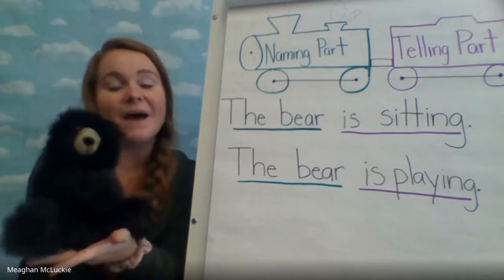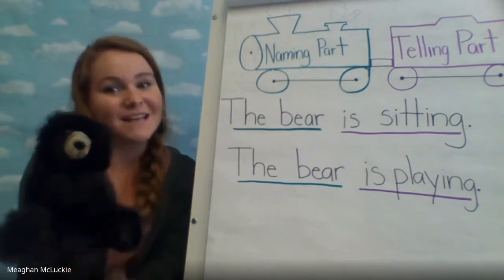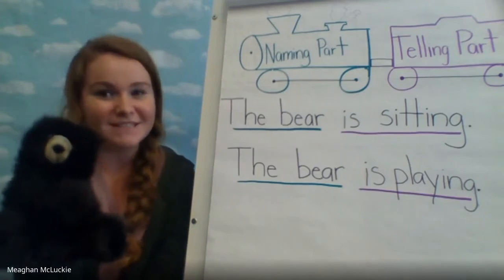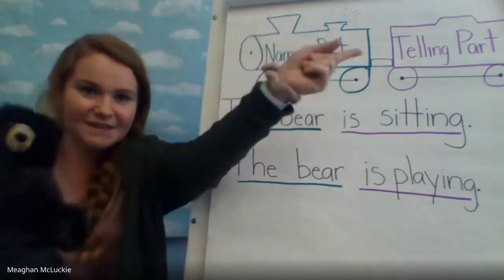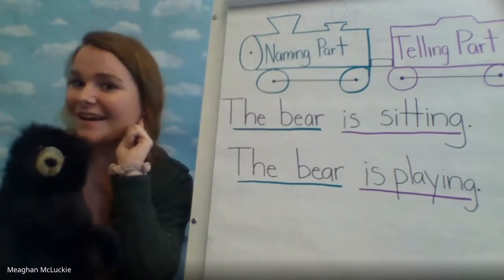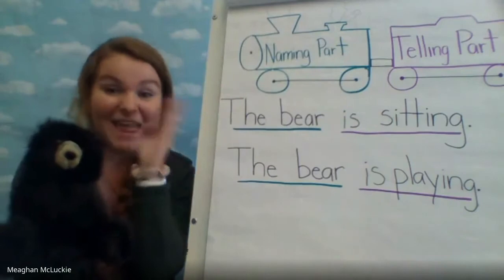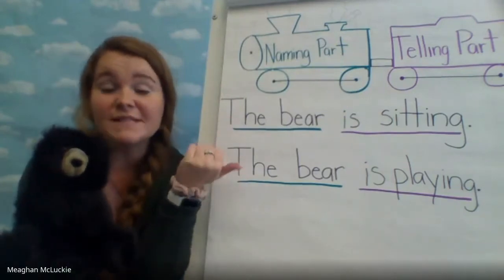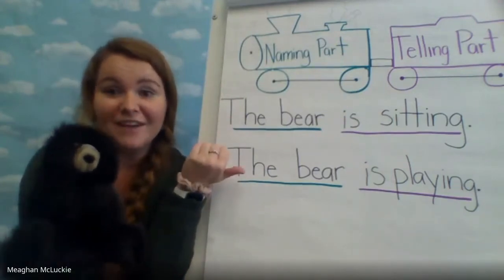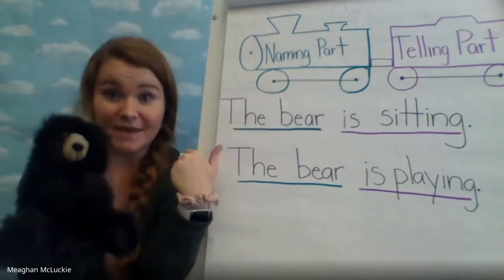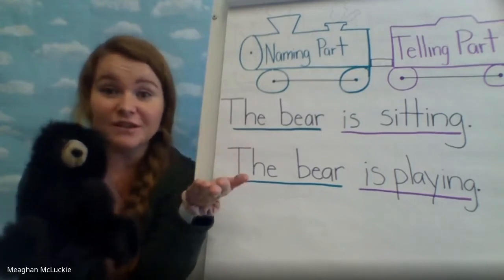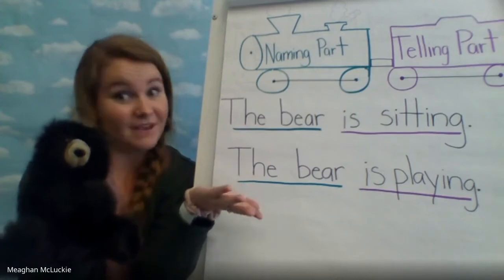And we talked about writing a sentence, an awesome sentence, with two parts. Does anybody remember the two parts of an awesome sentence? That's right. There's the naming part and the telling part. And at the beginning of the week, we used the naming part to tell the who, right? And we were using names, like Miss Megan used her own name, and you guys should have written a sentence with your own name, or maybe a friend's name.